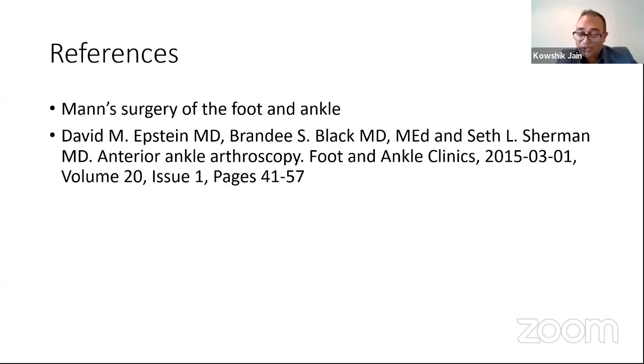Again, very, very good question. This is gaining in popularity. Arthroscopic assisted syndesmotic fixation is gaining in popularity because one of the major drawbacks of syndesmotic fixation is malreduction of the syndesmosis, particularly when not so experienced surgeons are fixing the syndesmosis.